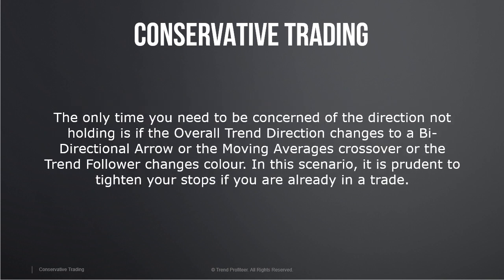The only time you need to be concerned about the direction not holding, so let's say we're in a buy trade, there are 5 out of the 6 high time frame arrows pointing up, and suddenly the overall trend direction changes to a bi-directional arrow, that's the blue bi-directional arrow, or the moving averages crossover, or the trend follower changes color, say from green to red if you're looking at a buy, in this scenario it's prudent to tighten your stops if you are already in a trade.